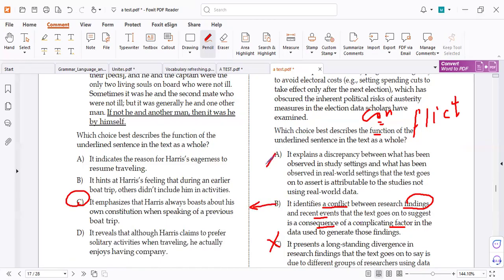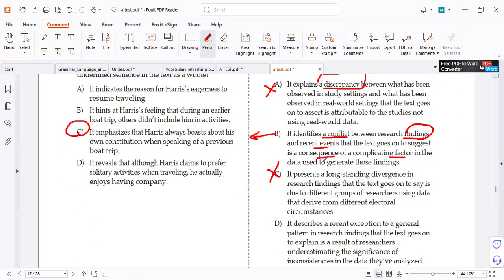Letter A is wrong as you said discrepancy. You know discrepancy, difference between two things. So of course it does not explain divergence in research findings. You know divergence? It has the prefix di. Divergence means the findings have opposite ideas.